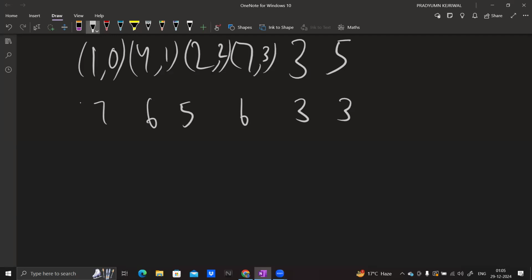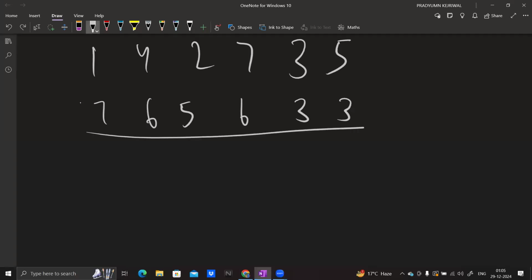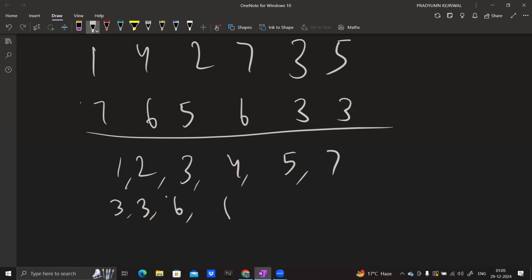Alright. So after sorting, A becomes 1, 2, 3, 4, 5, 7. And sorting B results in 3, 3, 5, 6, 6, 7.